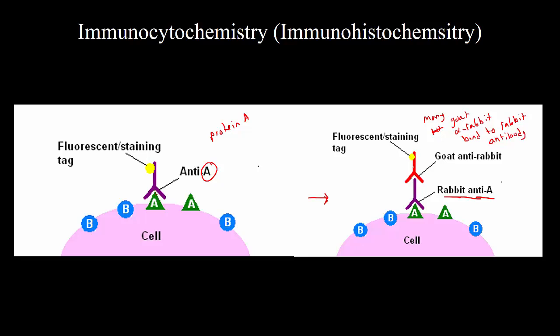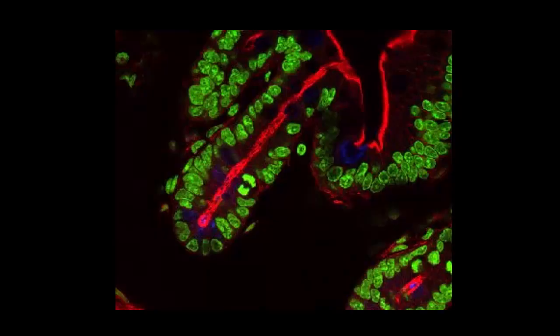So even though only one's shown, it'd be many. So instead of just one being fluorescent, now many hundreds would be fluorescent. And so we'd see a brighter signal.